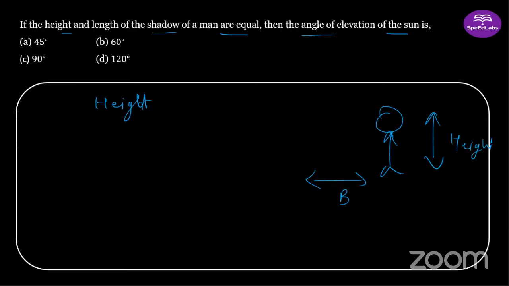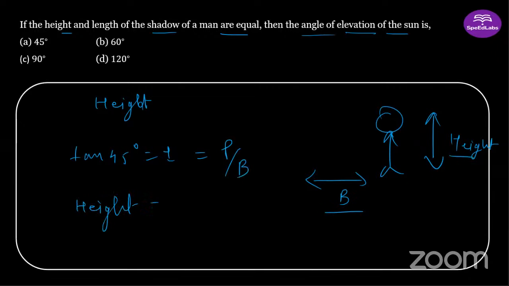So what would be the angle? They are asking us for the angle. So 45 degree, because we had tan 45 degree is equal to 1. So in this case, P is equal to B. That means height would be equal to the length of shadow. Got it, everyone?